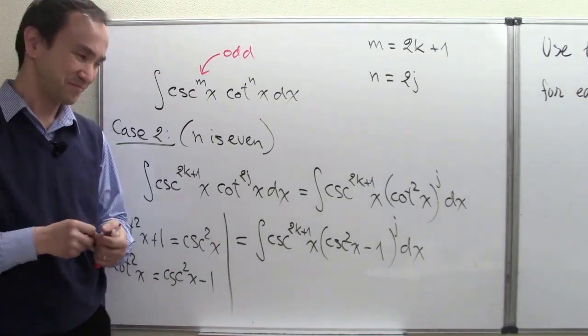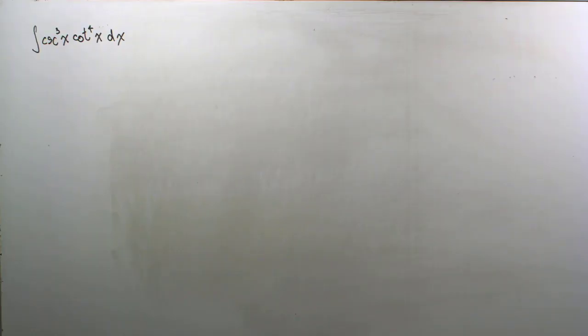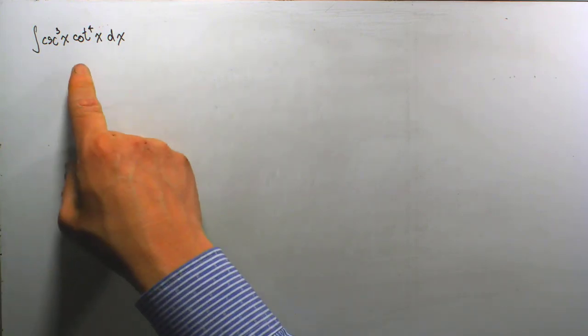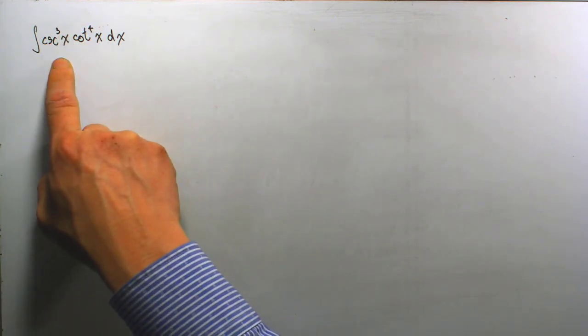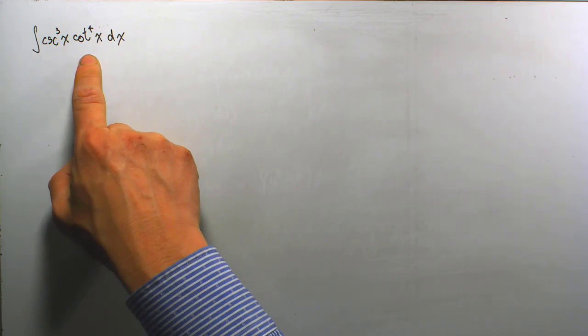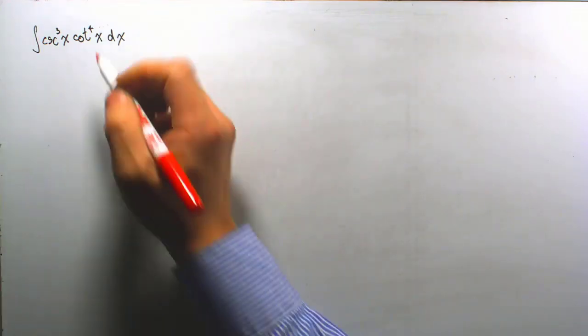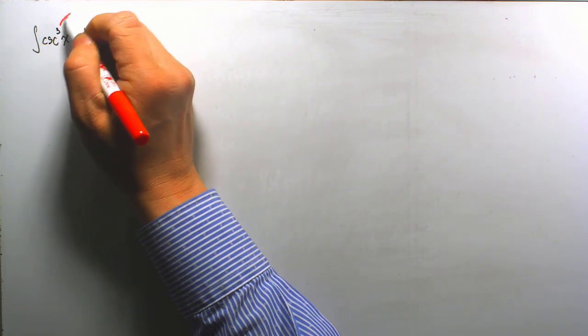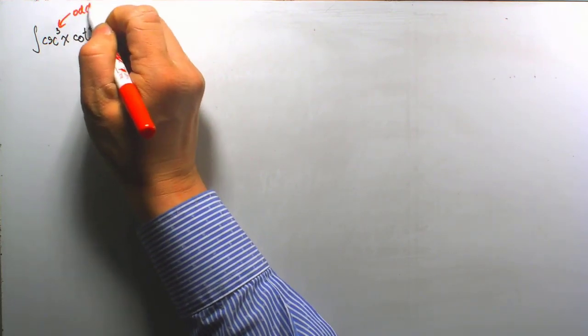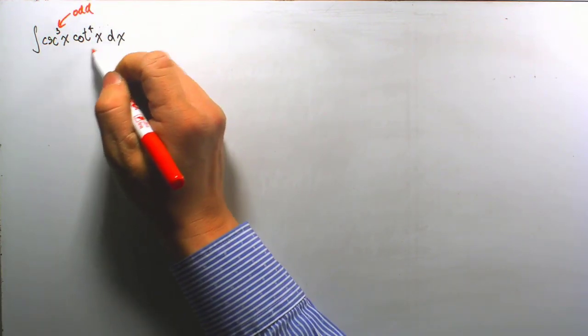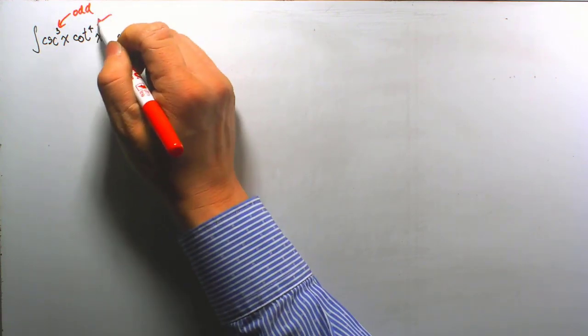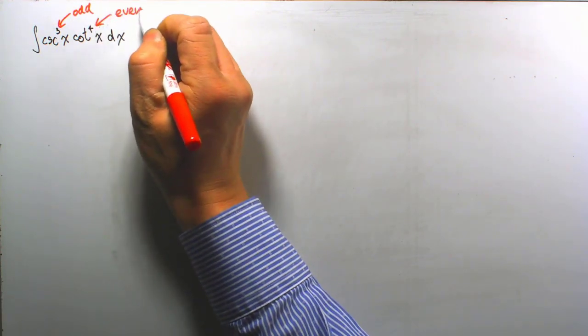All right, in this example, we are looking at a trig integral where we have a power of a cosecant in product with a power of a cotangent, where we recognize that the power on the cosecant is odd, but the power on the cotangent is even.